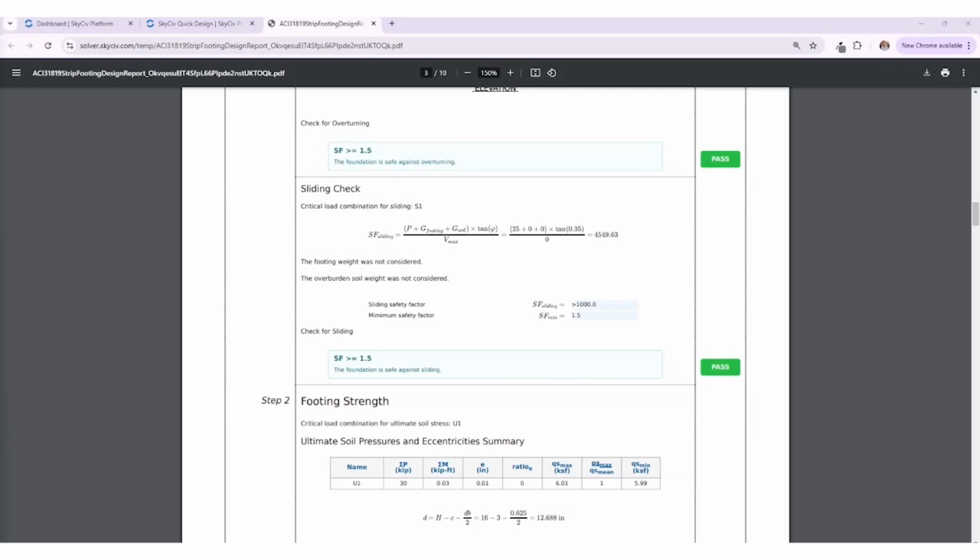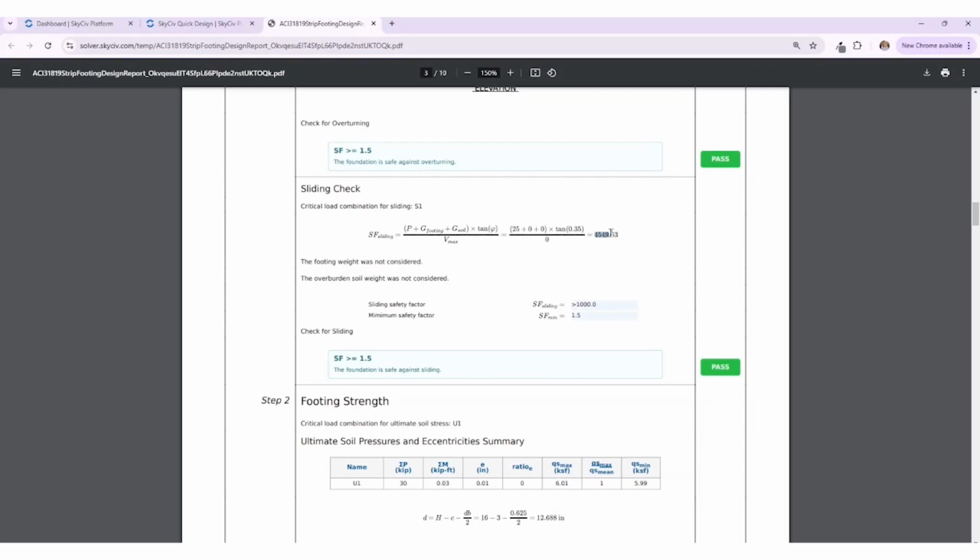Again, we have 0 because I did not toggle that on to consider the soil weight and the footing weight, and multiplied by the tangent of the foundation soil friction angle, which was also a user input, over the maximum shear force. I did not enter a value for the wall, wind / seismic load, bending moment, and shear, so this is 0 because it's considering the sliding check due to lateral forces.